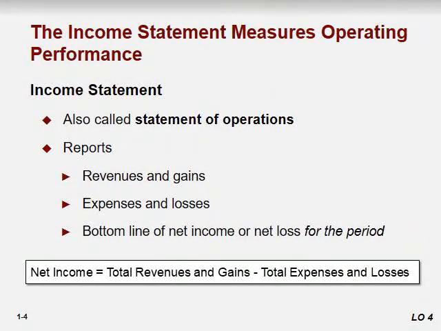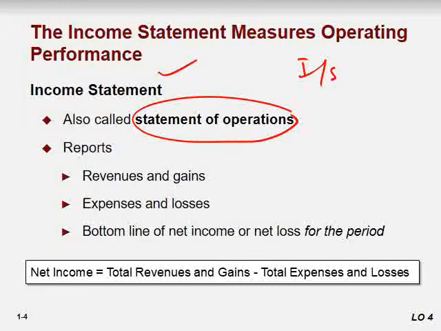So let's discuss the first financial statement, the income statement, which is also called the statement of operations, which means the statement which shows the business operations. The income statement, or IS, reports revenues and gains minus expenses and losses.